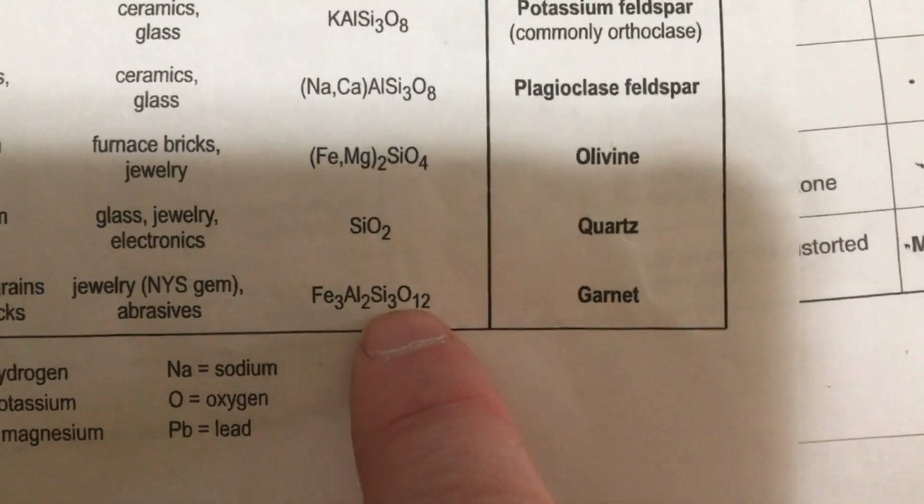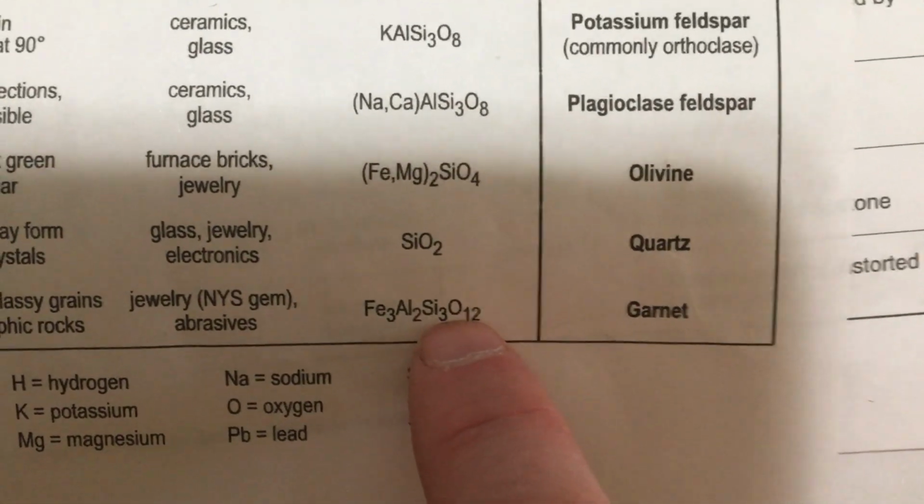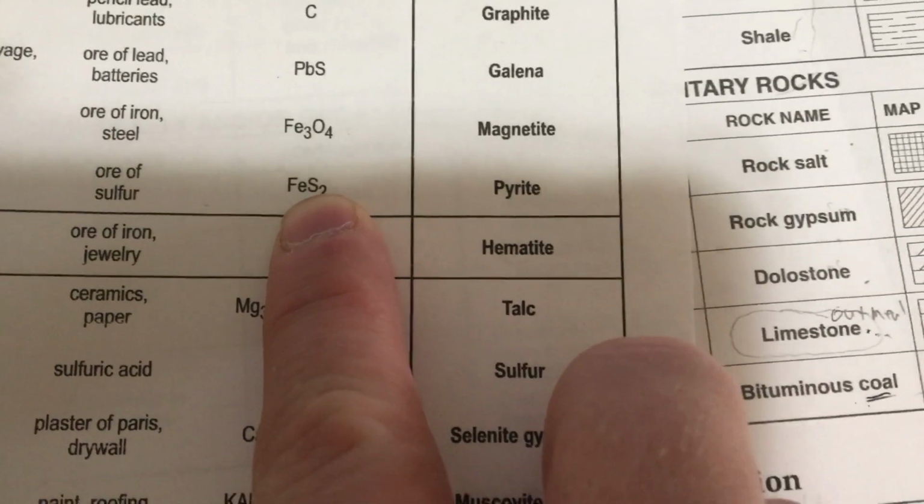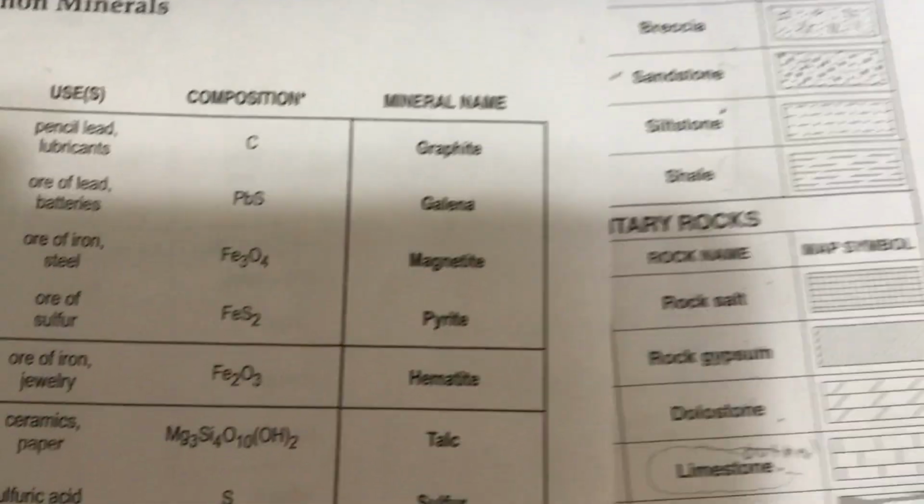If you do the choices, garnet has those. Pyrite is way up here. Iron and sulfur, that's a no-go. Magnetite, ooh, I like that one. And hematite.